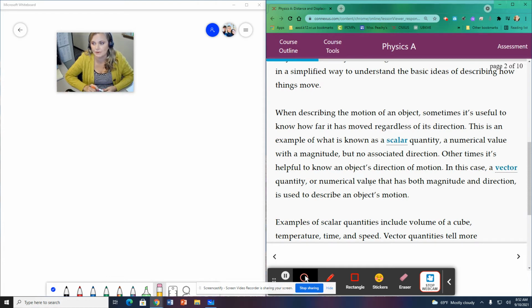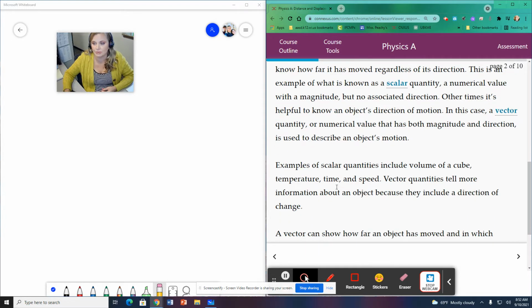When describing the motion of an object, sometimes it's useful to know how far it has moved regardless of its direction. This is a scalar quantity, a numerical value with a magnitude but no associated direction. Other times it's helpful to know an object's direction of motion, in this case a vector quantity, a numerical value that has both magnitude and direction.